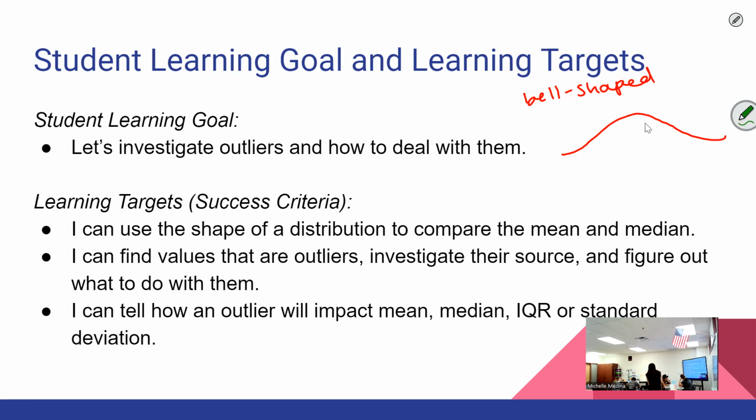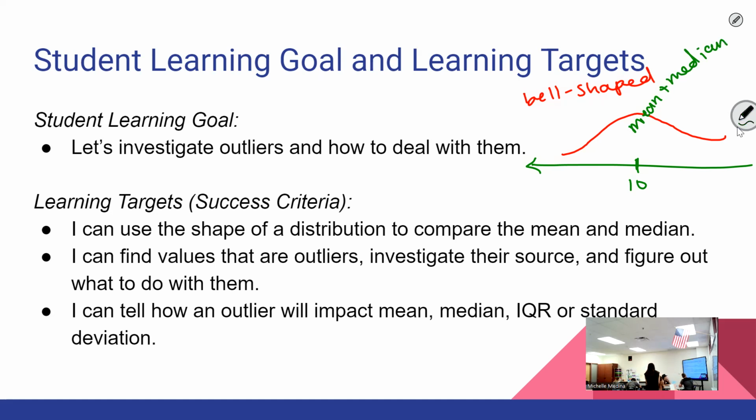So whatever number lies there, say, if you think back to the example we did in class, it was 10. That's usually where it's going to be if it's bell-shaped, because there are even amounts on each side, approximately. And then where would you expect the mean to go? Also, for a bell-shaped distribution, it would be toward the middle. So mean and median toward the middle.